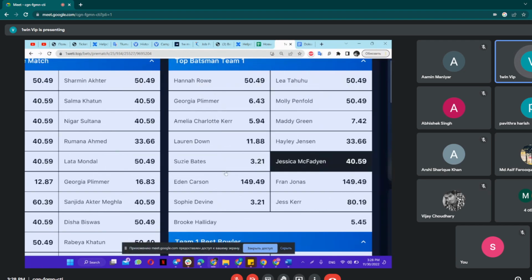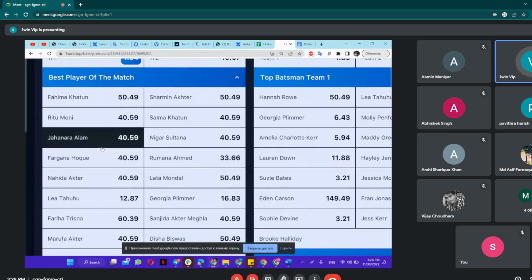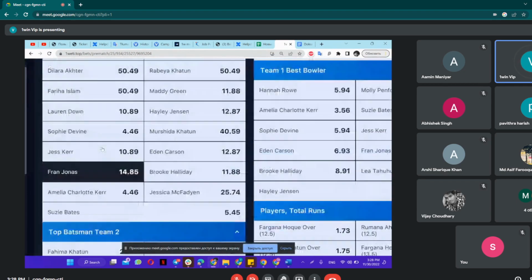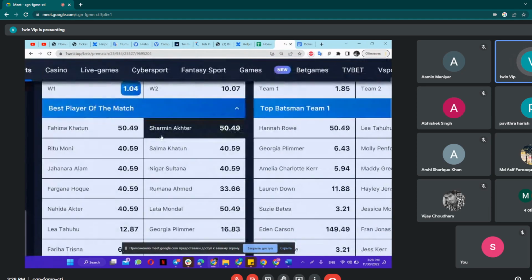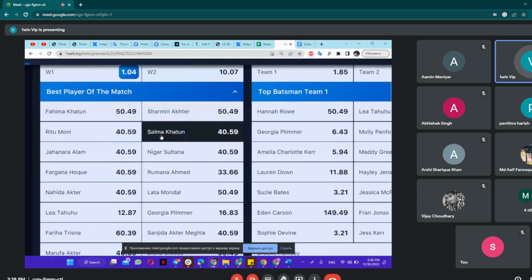So we don't have a refund. Best player of the match: we have a full list of all of the players of both teams. So we don't have a refund because we have all possible ways to bet in this section. We can place a bet on each player in this match.